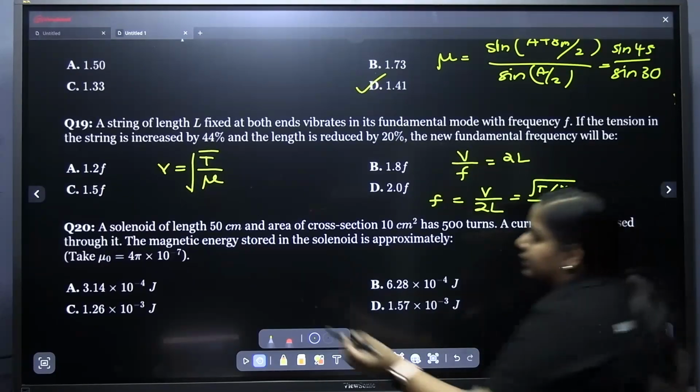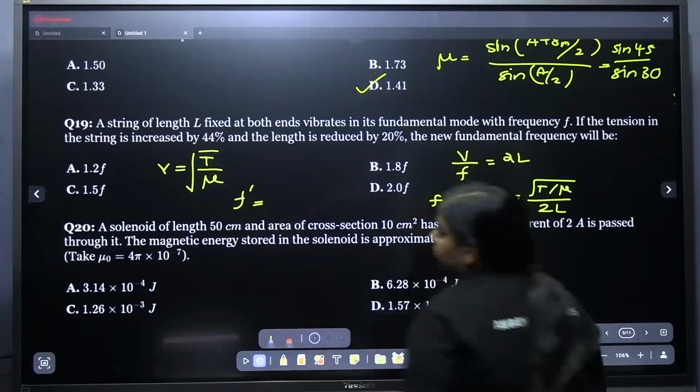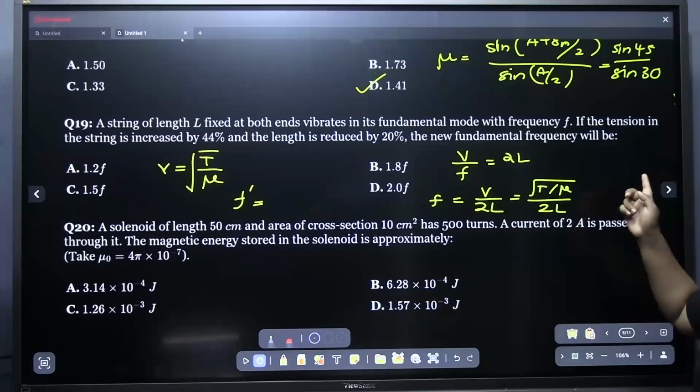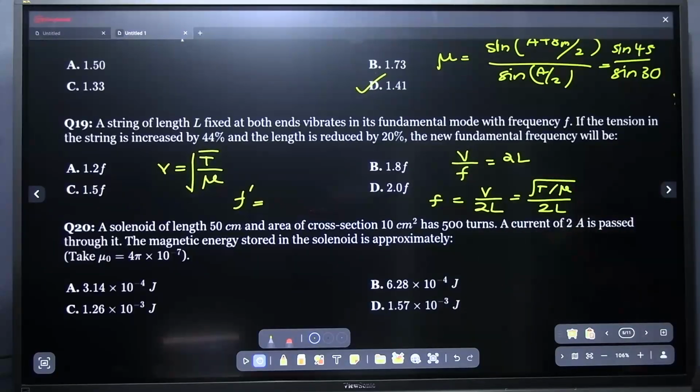Now for the new frequency f dash, tension is increased by 44%.